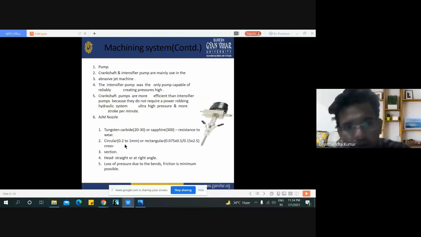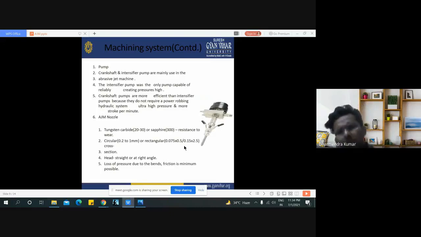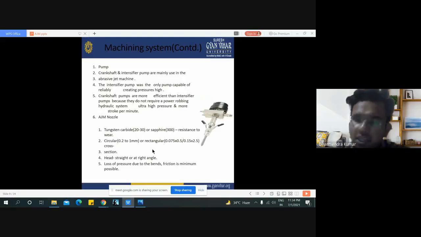It has a circular diameter of 0.2 to 1 mm, or a rectangular shape of 0.075 by 0.25 or 0.15 by 2.5, having that cross-sectional area. The head may be straight or at a right angle. These are the requirements of the abrasive jet machining nozzle.